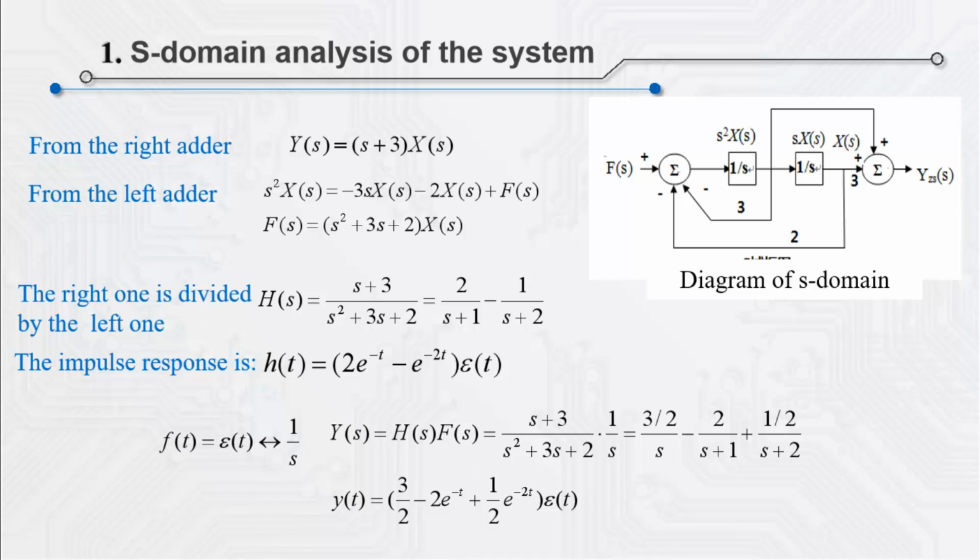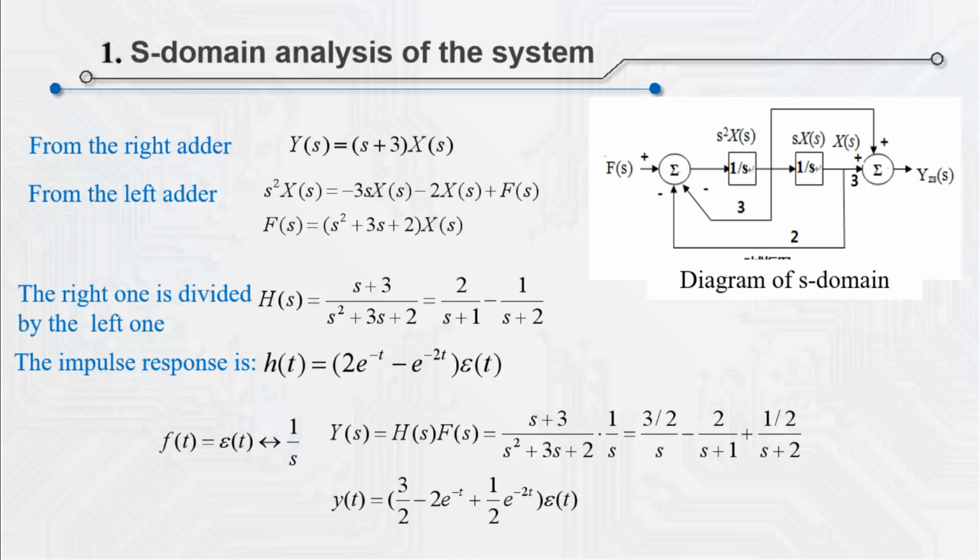Following, we solve the zero-state response. So how to solve the zero-state response? According to Y(s) equals H(s) multiplied by F(s), we know that f(t) is equal to epsilon(t), then its Laplace transformation is 1 over s. So Y(s) is equal to H(s) multiplied by F(s).